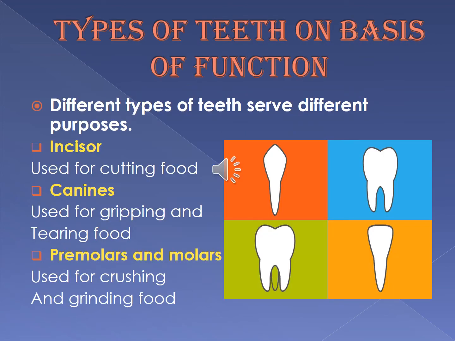We have discussed the types of teeth with their numbers and placement order. Now we will see the types of teeth on the basis of their functions. So guys, different types of teeth serve different purposes.